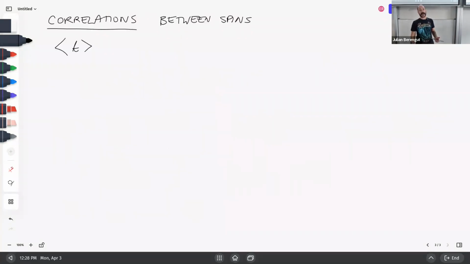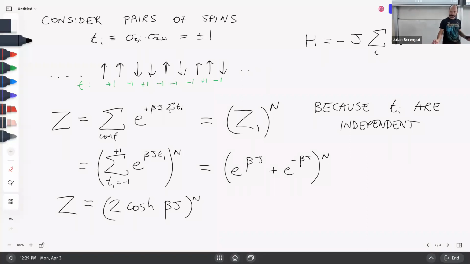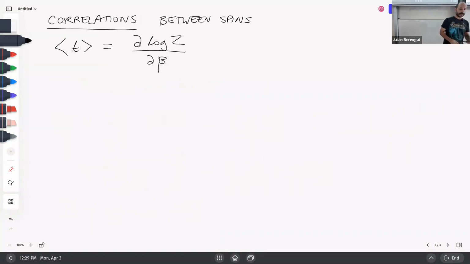So in principle, you could work out the average value of t. Let's do it. It's the derivative with respect to beta. How can I see that? Have a look at this. Here is my partition function, here it is in terms of the t. If I take the derivative of this with respect to beta, I bring down the t. This is exactly what we did before.